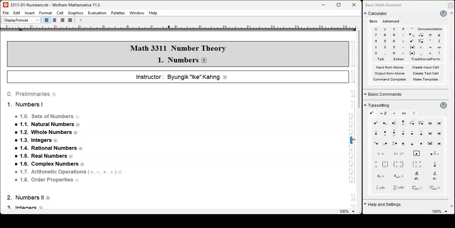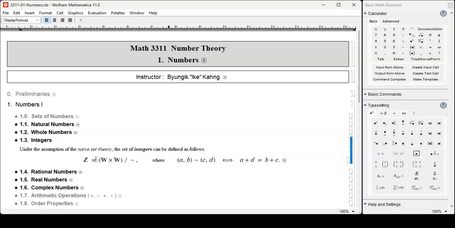Ready? Here we go. We begin with a Cartesian product, W cross W, and define an equivalence relation like this. (A, B) is equivalent to (C, D) if and only if A plus D is equal to B plus C. Now please check if this is indeed an equivalence relation: reflexivity, symmetry, and transitivity. I'll leave that to you.